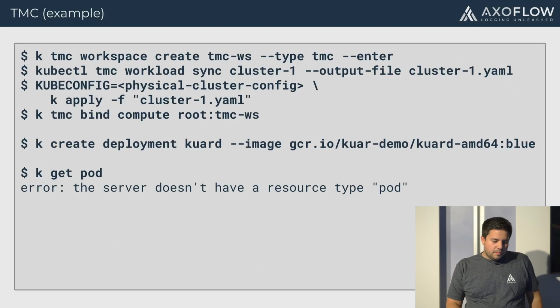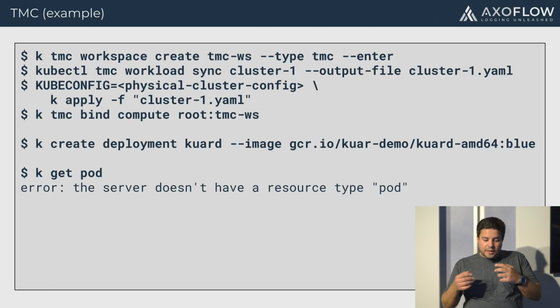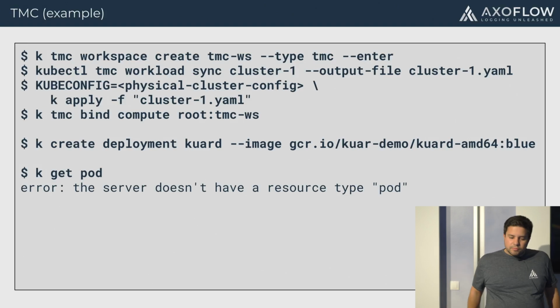The example with the original TMC controller is that you create a special type of workspace, then you create a manifest file for registering a regular Kubernetes cluster into it. Then you apply this manifest to your Kubernetes cluster, and then with a similar command to the API export bind, you can bind it, which will create, I think, a compute bind resource.